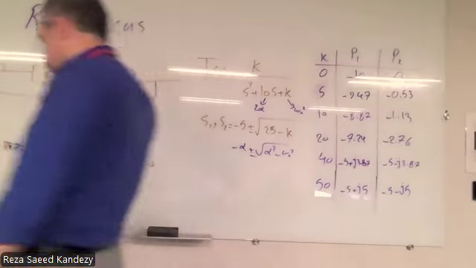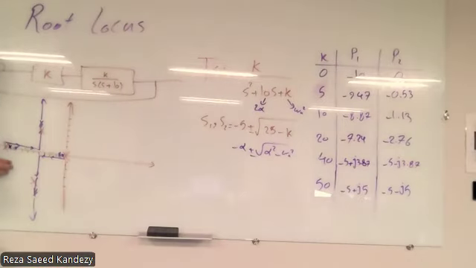What do you think about this system for any arbitrary value that we can have for K? Is it stable? Is it unstable? Is it marginally stable? Can you tell me? What was the definition of unstable?